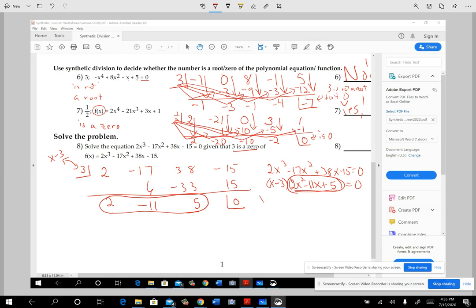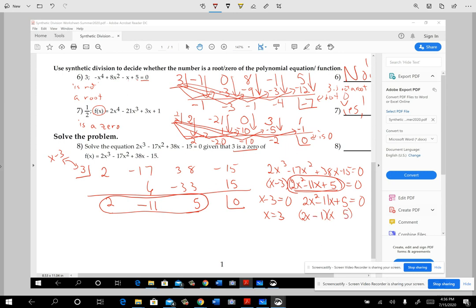So what you would do at this point is, either x minus 3 has to equal 0 or 2x squared minus 11x plus 5 does, okay? So x equals 3, we already knew. And then here we would try factoring, or we would use the quadratic formula. So I'm going to go ahead and just factor that. That's a 5, that's a 1, I think.